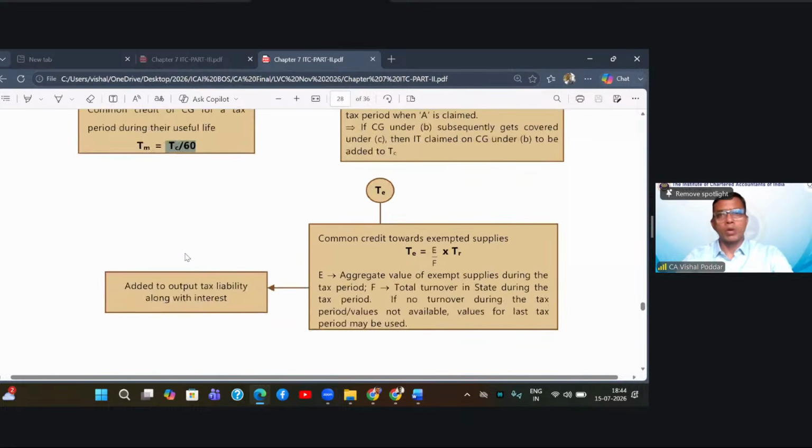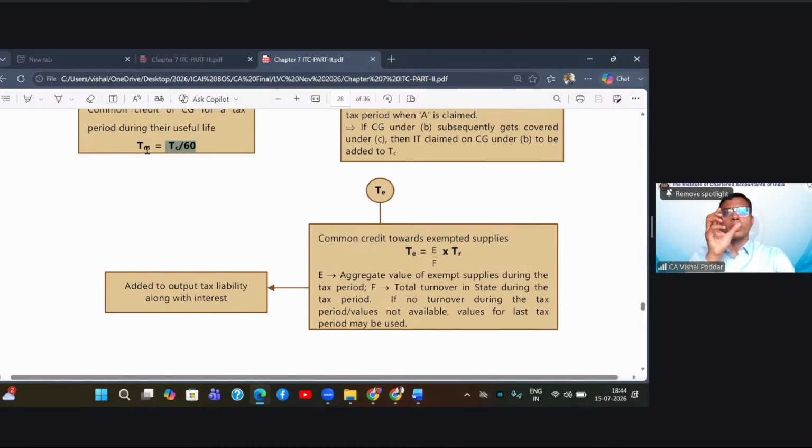Now, once you have found out the proportionate value of the capital goods per month, now you do this calculation. What is the calculation? It is E upon F. Again, E is the value of exempt turnover of that month, F is the value of total turnover of that month, multiplied by this monthly figure of the capital goods credit. Now you'll say, sir, here it is TR, but the monthly figure was TM.